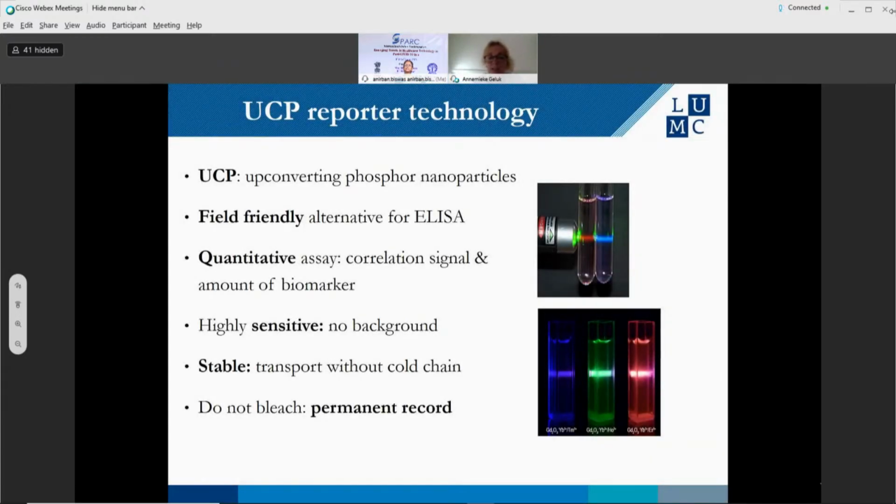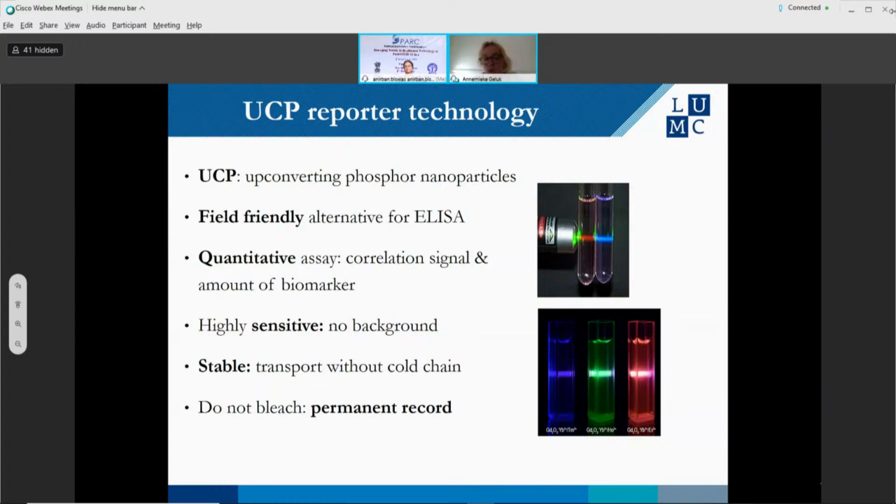So UCP stands for upconverting phosphor nanoparticles. It is based on rare earths. These are structures that are not present normally in the environment, and therefore they have a low background.